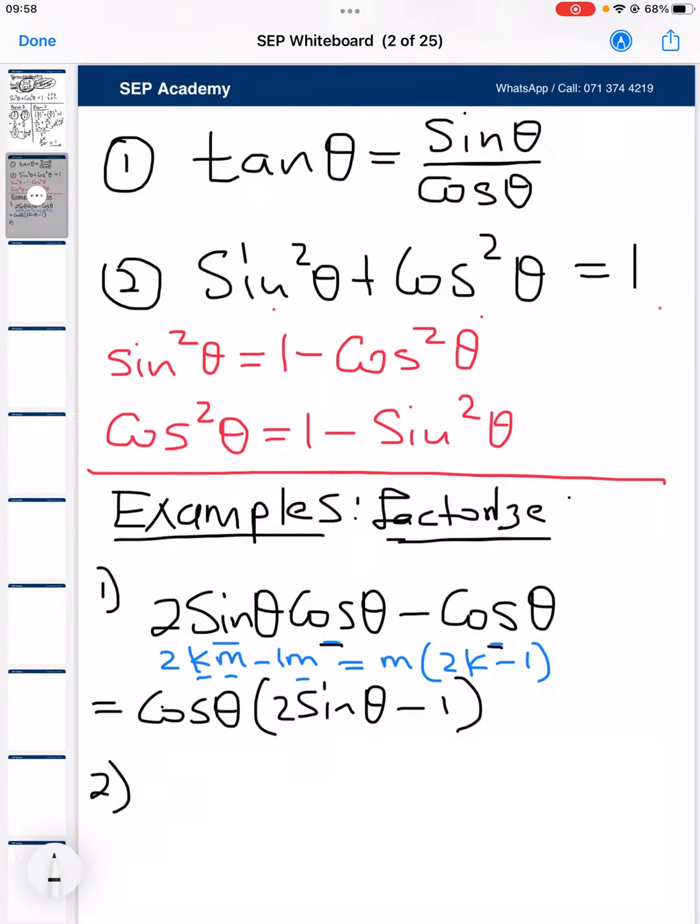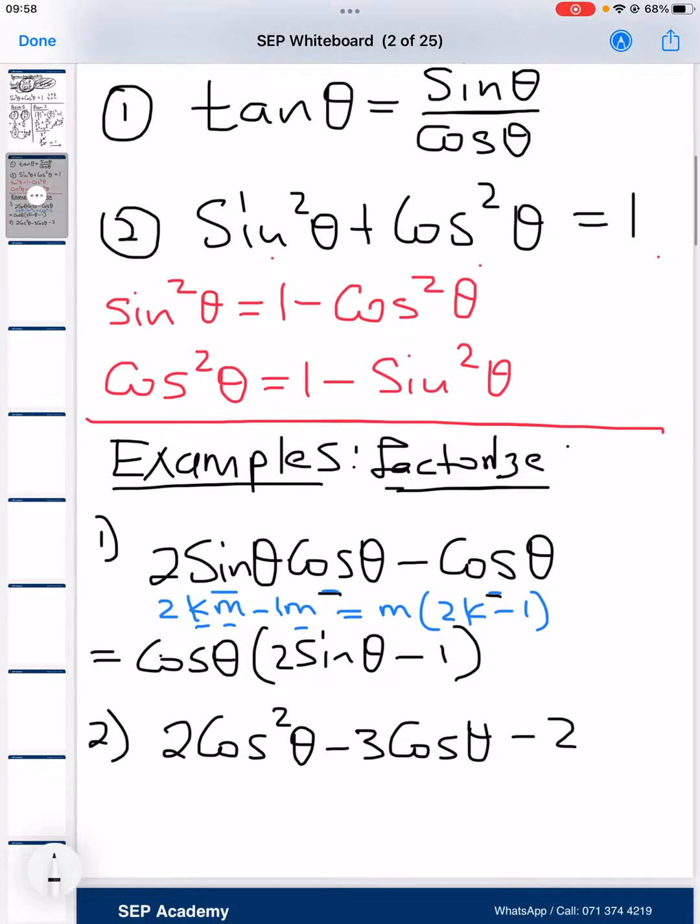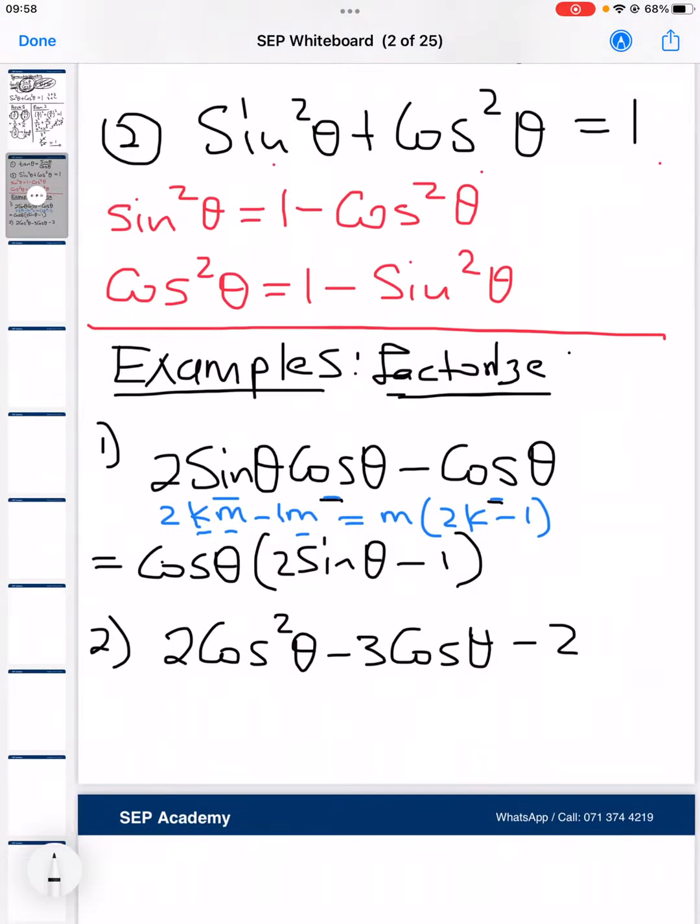Example number 2, maybe let's say you have 2 cos squared of an angle where we minus 3 cos of an angle, and let's minus 2. Yes, let's do it that way. Okay, then it's fine.